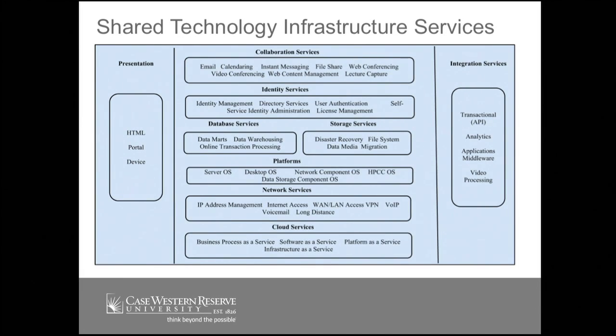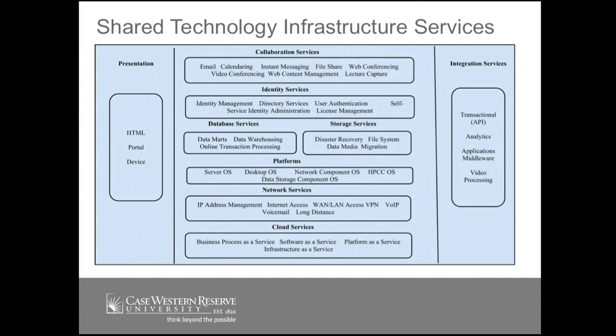So these are the shared technology infrastructure services, being able to pull out the technology that we already are using. So for example, identity management we have for faculty, collaboration services, the calendaring, the email. So if we create an application or a data hub that's able to send out notices, then we're going to use the technology that we currently have.